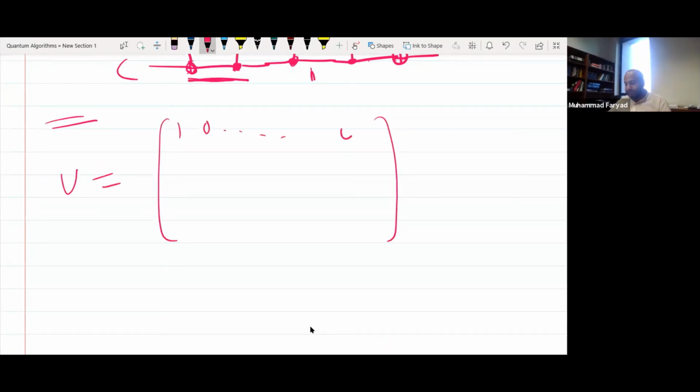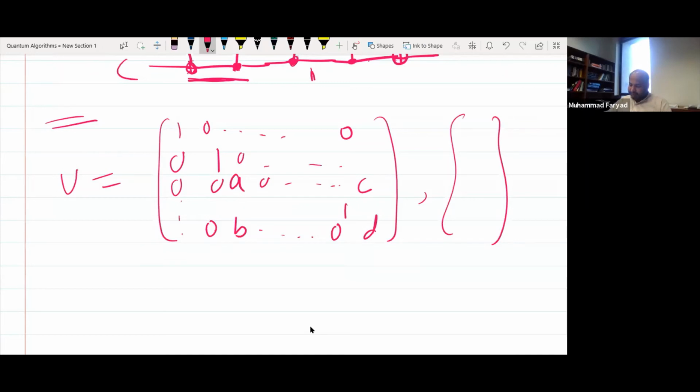1, 0, 0. This is still a 3-qubit implementation, but we now have a unitary transformation like this. So now you see that this acts non-trivially on states that have a 1 here at the second place and the 1 in the last place.